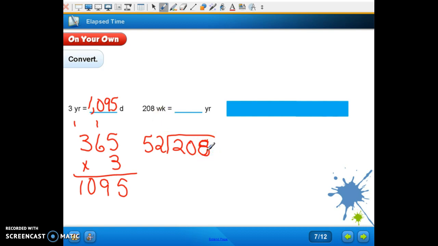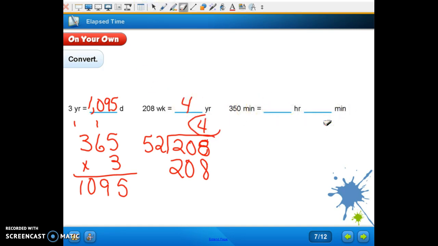Okay. So how many 50s in 200? 4. We can use a little estimation here. So let's try 4. What is 2 times 4? 8. And 4 times 5 is 20. So how many years is 208 weeks? 4.